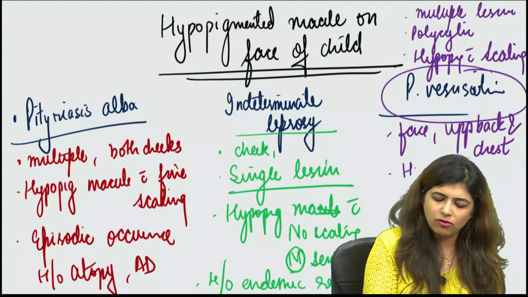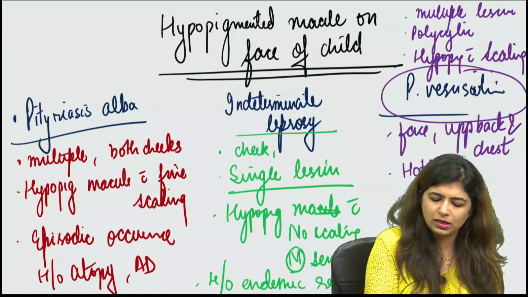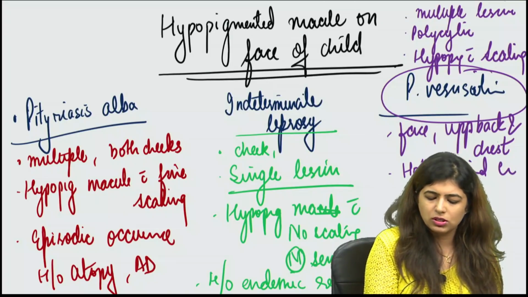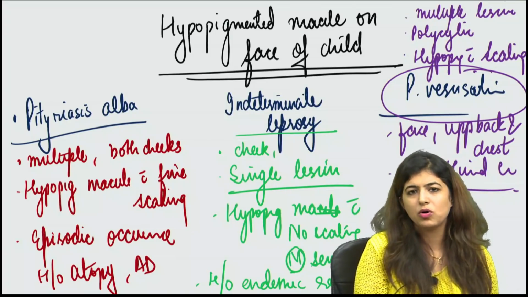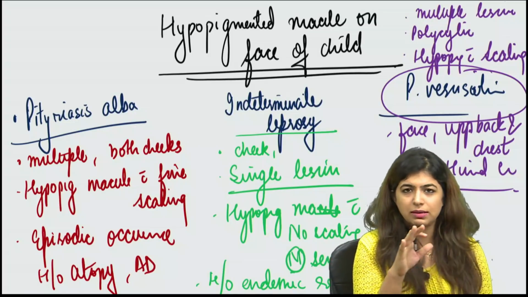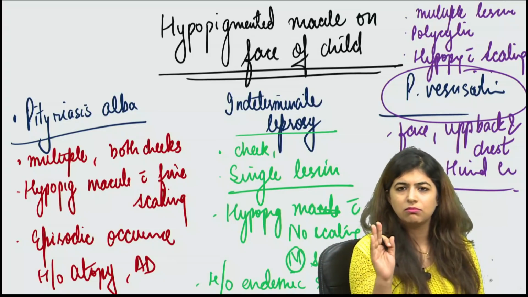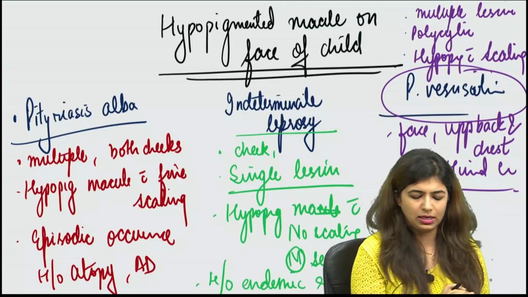There may be a history of occurrence in hot and humid temperature. So this is what will be the hint about pityriasis versicolor. Most importantly, you differentiate between these 3.